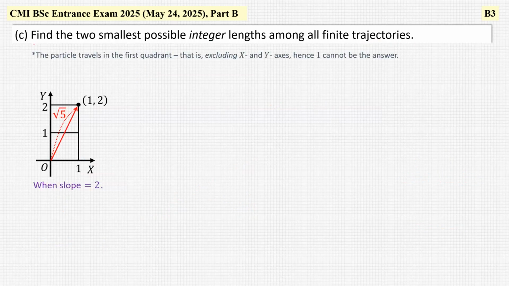And the problem C, find the two smallest possible integer lengths among all finite trajectories. We continue using the alternative representation of the trajectory, where the particle having the finite trajectory can be demonstrated as the trajectory reaching the lattice point, the point with integer coordinates.